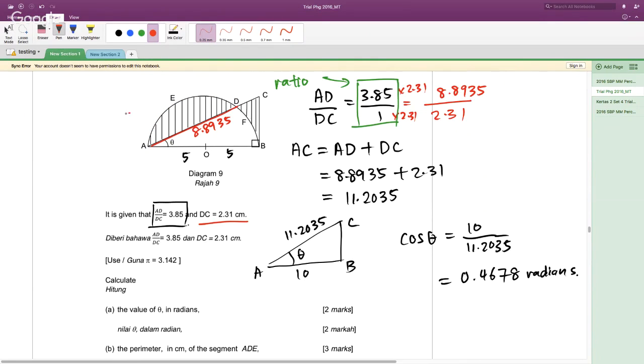In order to find the arc length, we know the formula: S equals R theta. Our R is 5, and our theta, we just got it over here, which is multiplied with 0.4678. Okay, so you just multiply it. And then, am I doing anything wrong here?